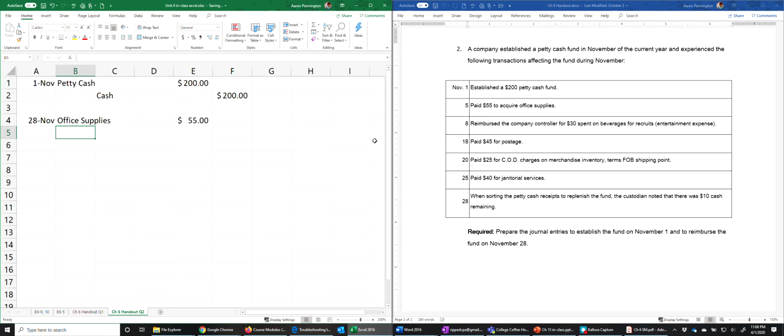Reimbursed company controller, and this one actually gives you the account, the November 8th transaction. Entertainment expense, $30. Postage expense, $45. $25 for delivery of merchandise.